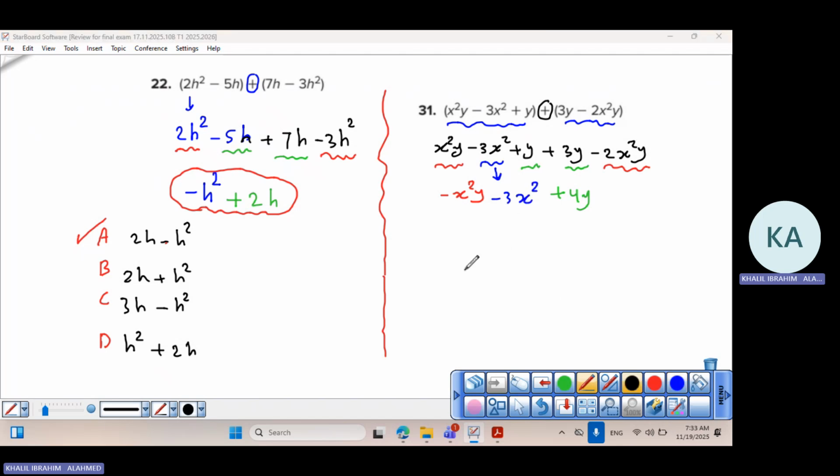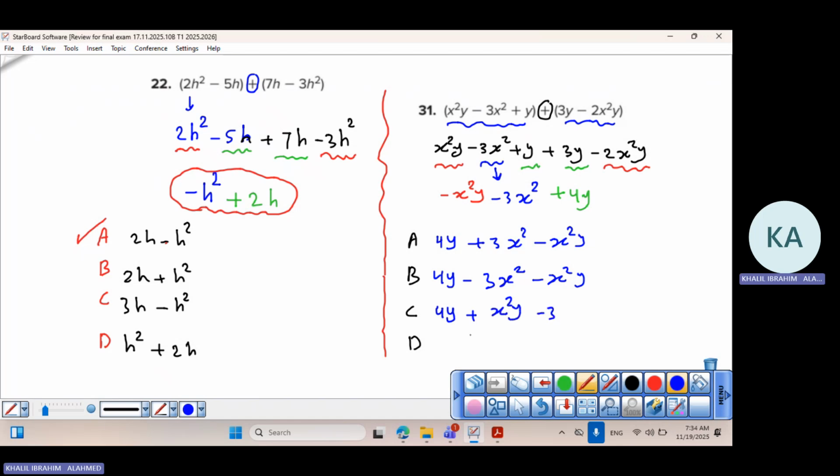The question comes in the final exam as a multiple choice, or MCQ, A, B, C, D. Maybe the answers are 4y plus 3x squared minus x squared y, or 4y minus 3x squared minus x squared y, or 4y plus x squared y minus 3, or 4y plus x squared y plus 1.